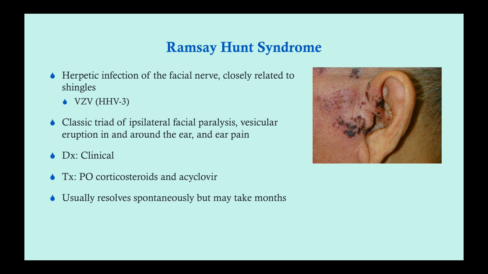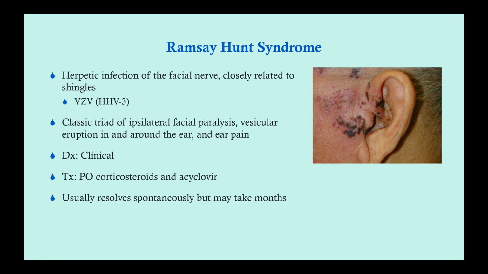So Ramsay-Hunt syndrome is basically just an acute peripheral facial neuropathy, and it's characterized by an erythematous vesicular rash on the skin, in the ear canal, on the auricle, or, I don't have a picture of this, but it can be in the mucous membranes as well. But it's all ipsilateral.